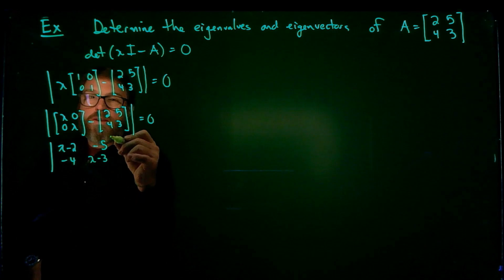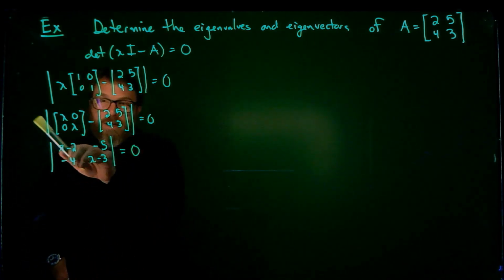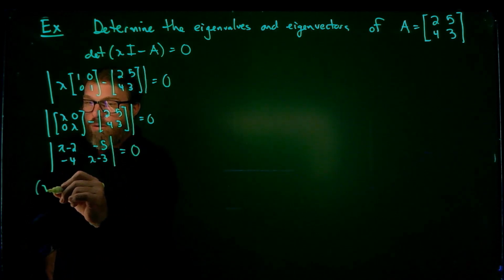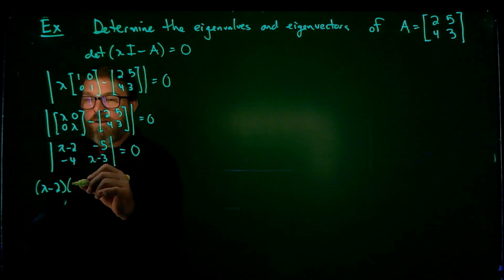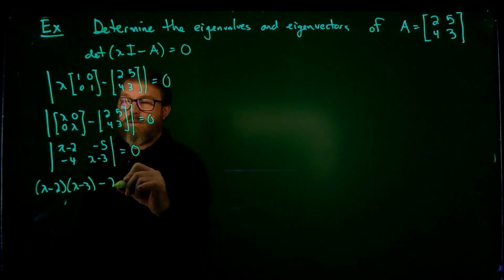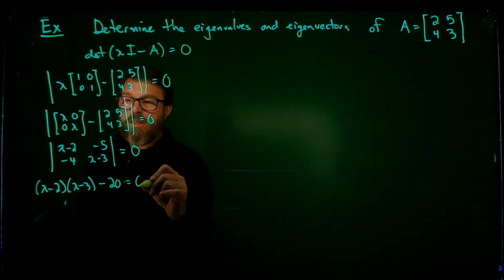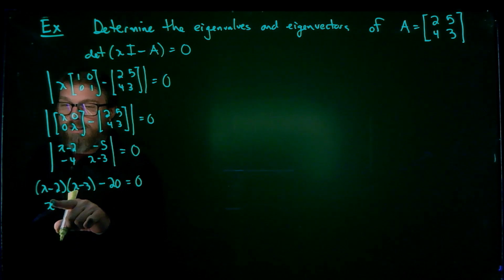And remember the determinant equal to 0, so when I find the determinant of this, multiply that main diagonal, so lambda minus 2 times lambda minus 3, minus negative 5 times negative 4, which is going to be 20, is equal to 0, and then you can see that this is just going to be a quadratic equation.